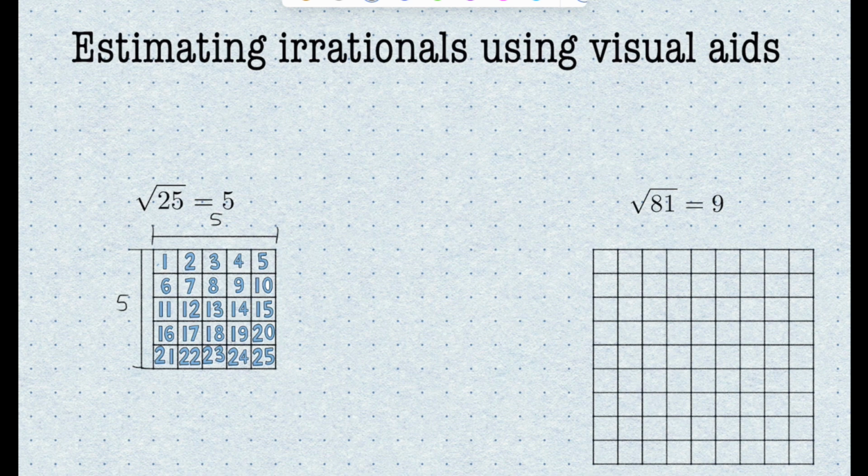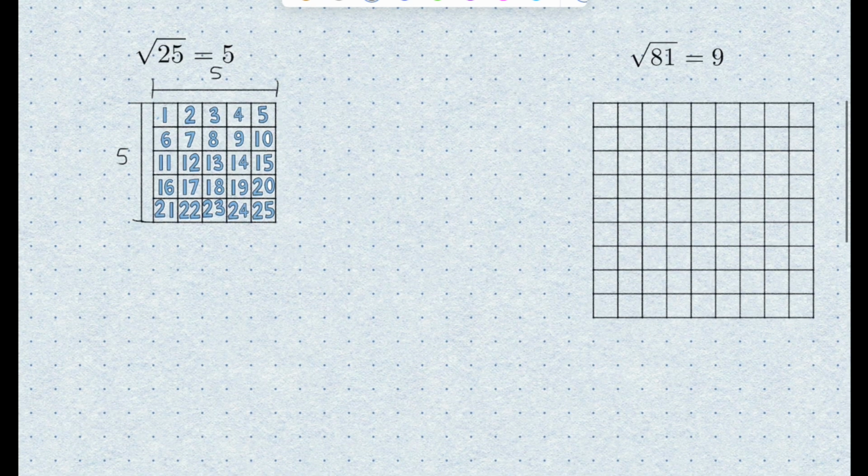So the visual we're using is a square in which the individual squares that make it up are what will be under the root, and the value we get is going to be the square root itself.